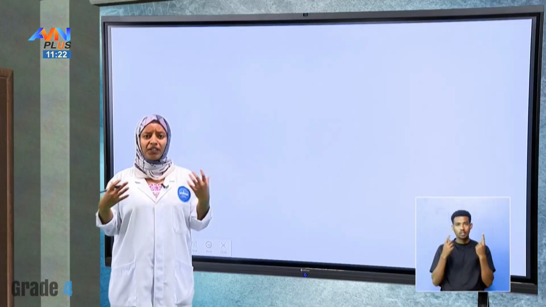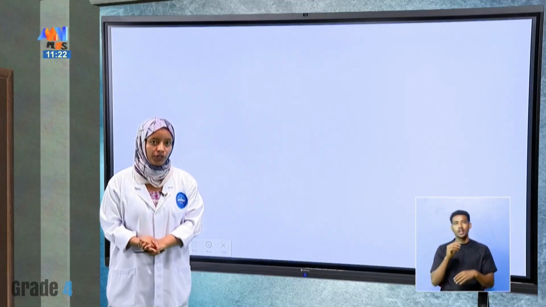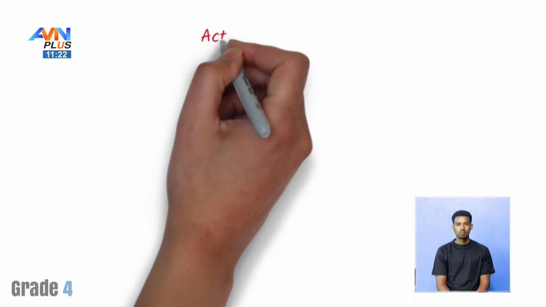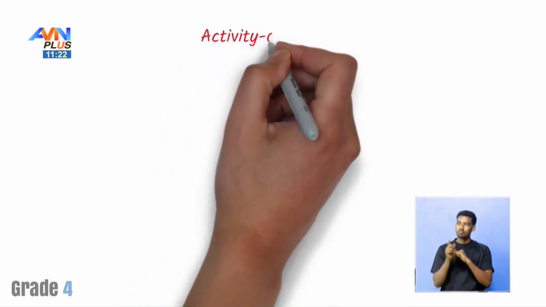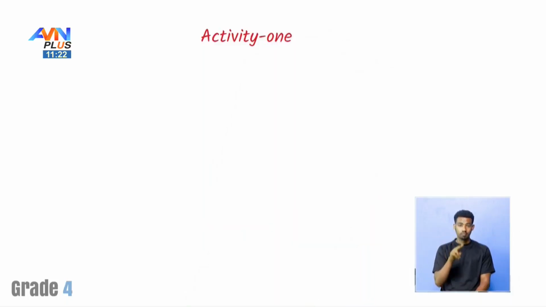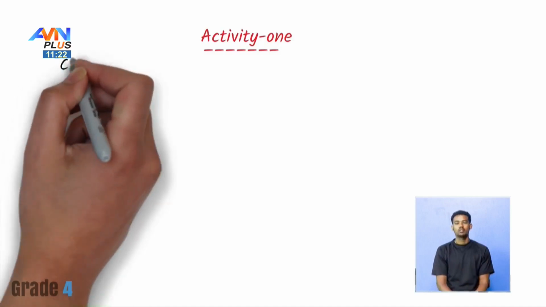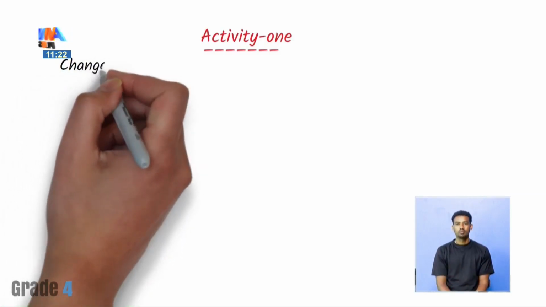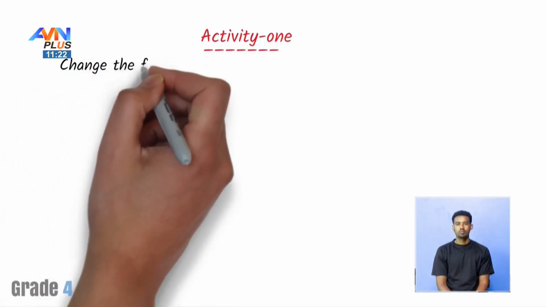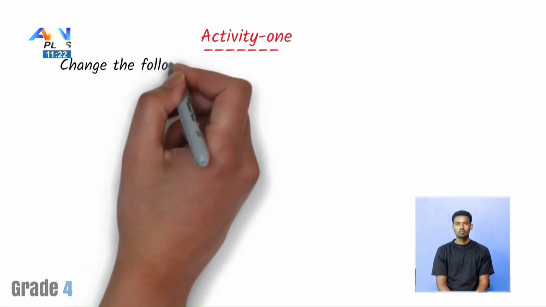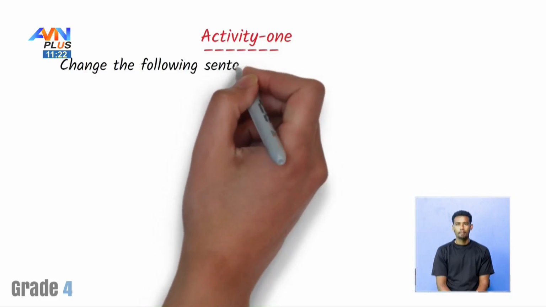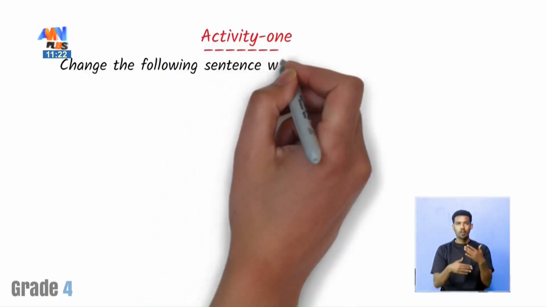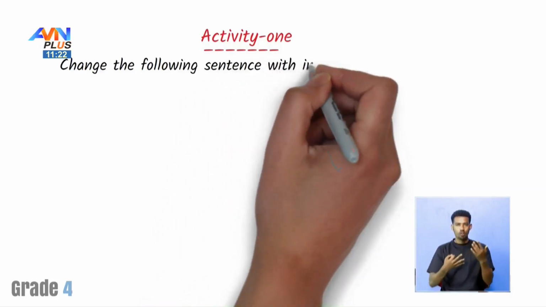Let me give you one activity and let us practice together. So, students, here is your instruction. Change the following sentences into interrogative form.